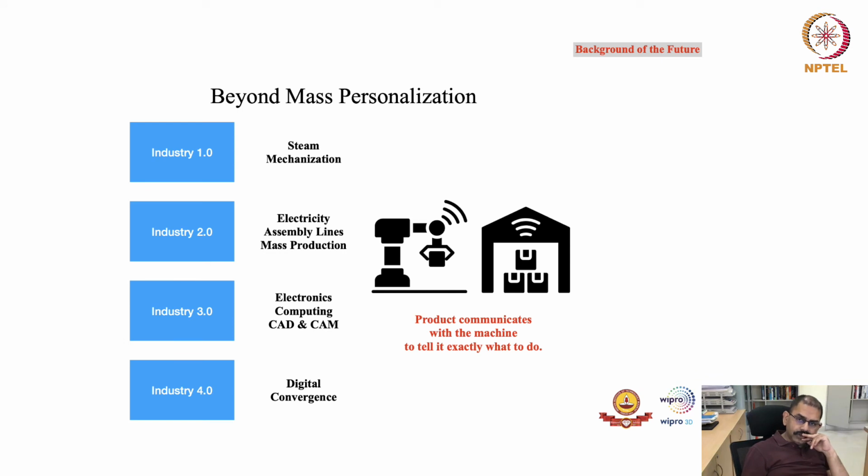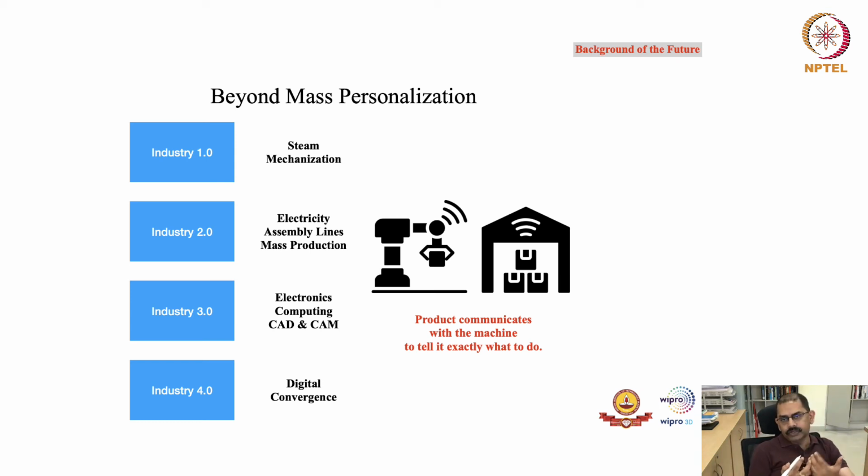So one thing which becomes more and more critical, I think it is critical not just in the context of manufacturing, it may be for a much larger domain, even when we talk about reconfiguring supply chains. So it's not about automation. I think it is more about the communication. Product communicates with the machine to tell it exactly what to do, right? So machine knows that this particular product is coming, right?